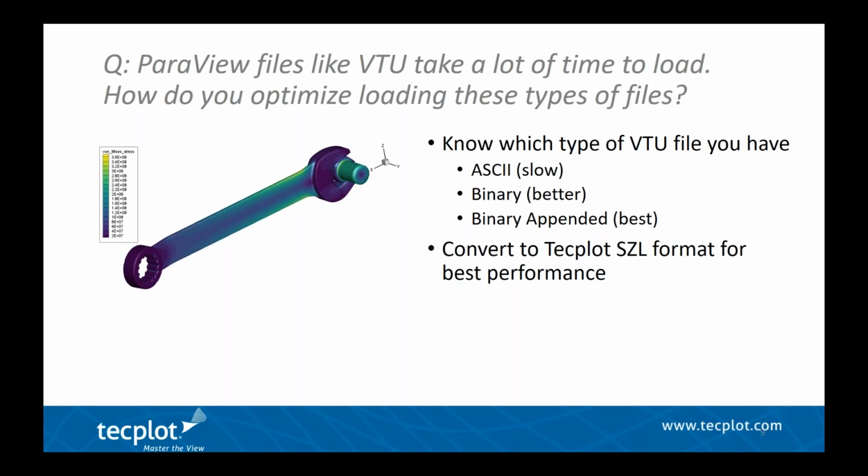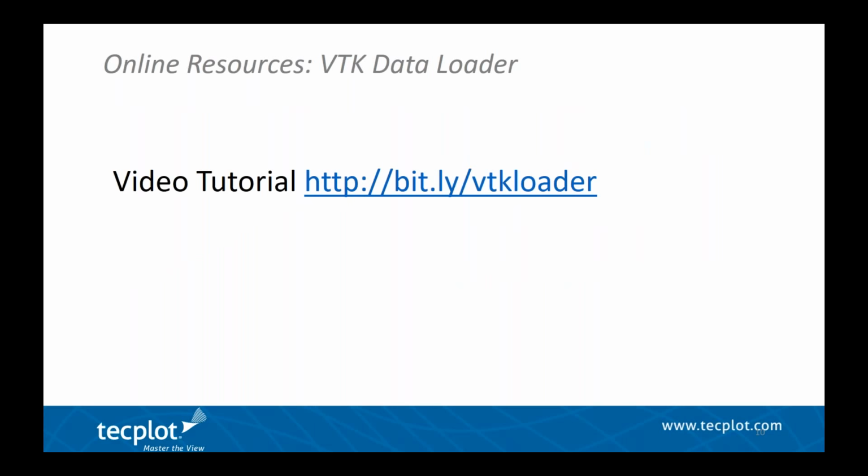We do have some tutorials on our website for how to convert data to the sizzle format, and this is going to really reduce the amount of memory used and give you very fast load times, orders of magnitude faster with this new file format. And again, on our website we do have some quick tutorials on how to use the VTK data loader.